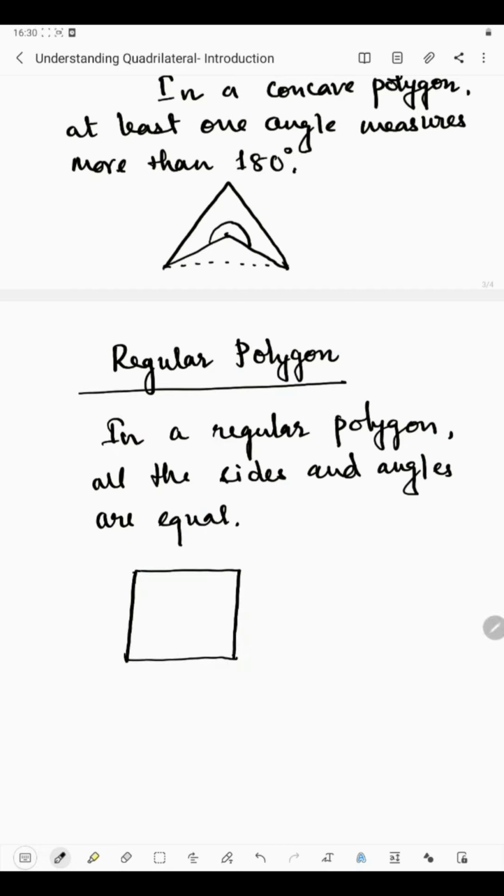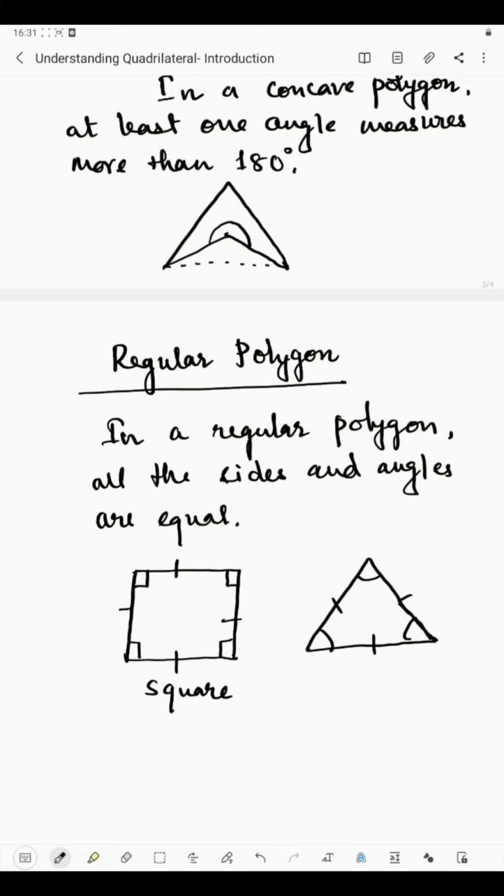It's a square in which all four sides are equal, and here all angles measure 90 degrees. Since all sides and angles are equal in this polygon, a square is said to be a regular polygon. Similarly, if I draw the figure like this, in which all three sides are equal and all three angles are equal.